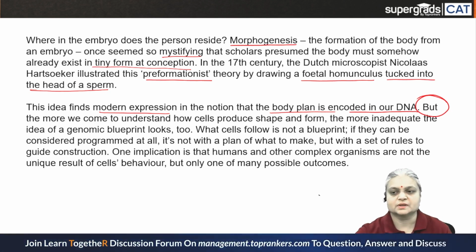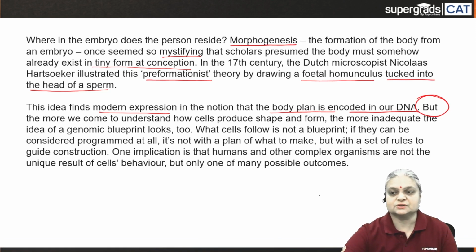What cells follow is not a blueprint, if they can be considered programmed at all. It's not with a plan of what to make, but with a set of rules to guide construction. One implication is that humans and other complex organisms are not the unique result of cells' behavior, but only one of many possible outcomes.